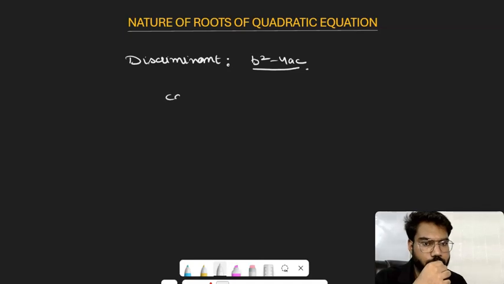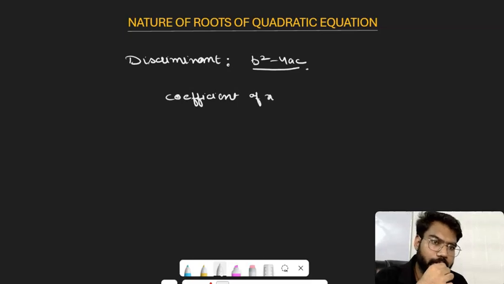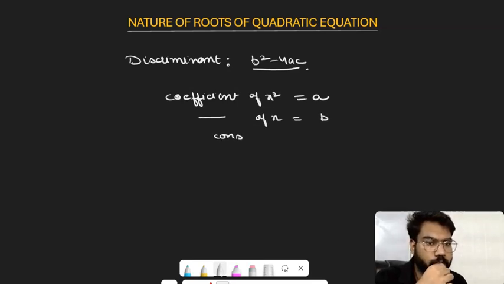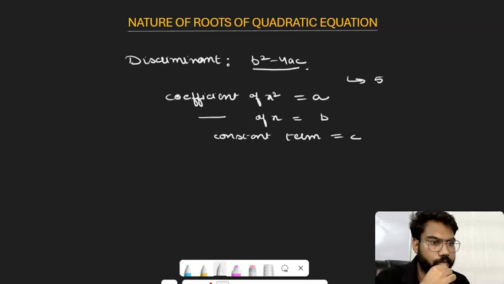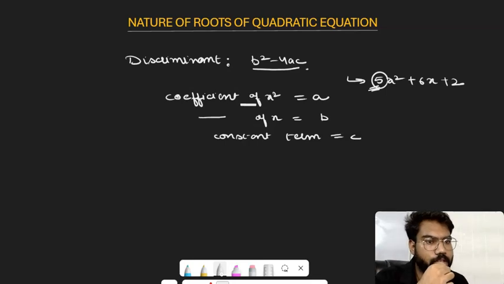For a quadratic equation, the coefficient of x square is known as a. The coefficient of x is known as b, and the constant term in a quadratic equation is known as c. For example, if I write a quadratic equation, let's say 5x square plus 6x plus 2, the coefficient of x square, whatever is placed in front of x square, is known as a, so a will be 5.